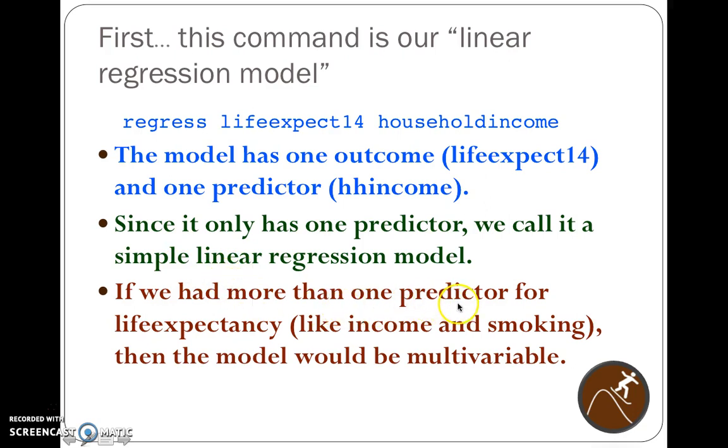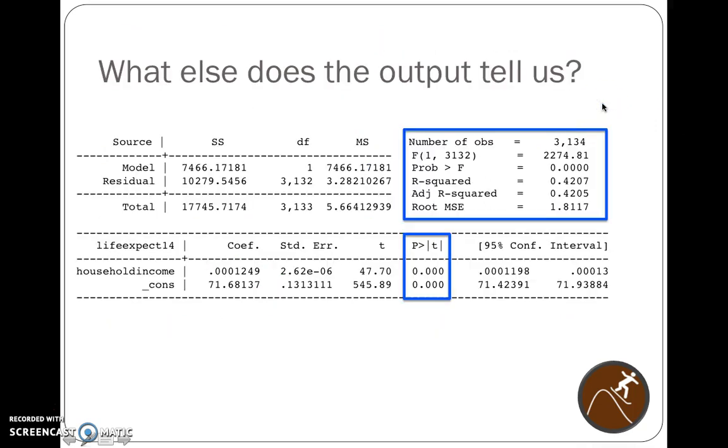If we had more than one predictor, say beyond income, something like smoking, then the model would be multivariable. And we would just type in regress life expect 14 household income, and then we can keep adding X variables. So we could put the smoking variable right here and then hit enter and it'll work.